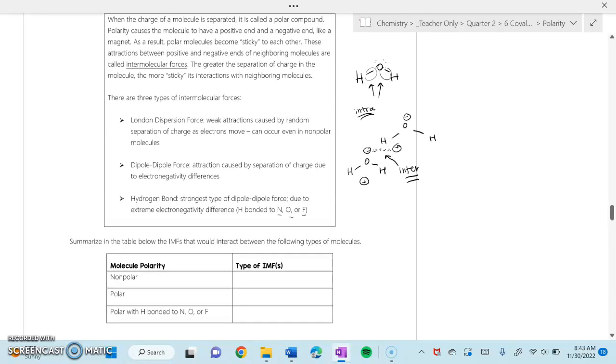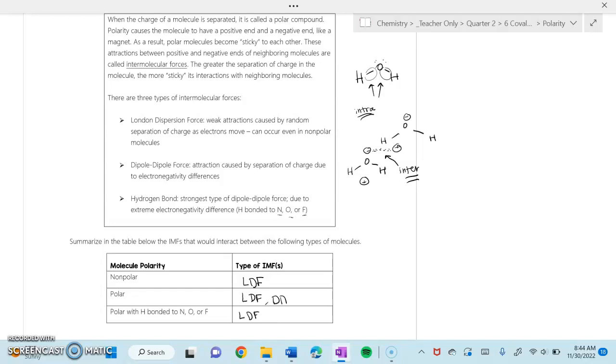If our compound is nonpolar, it only has London dispersion forces, those random movements of electrons. But random movement of electrons happens in every molecule, so that would also affect polar ones and our extreme polar. So LDF are actually in every single molecule, but it's the only intermolecular force present in a nonpolar compound.